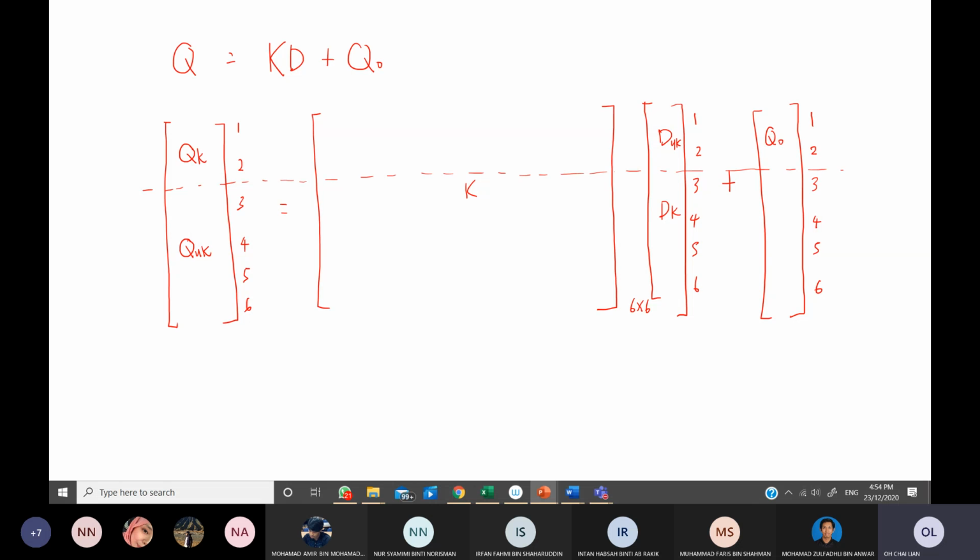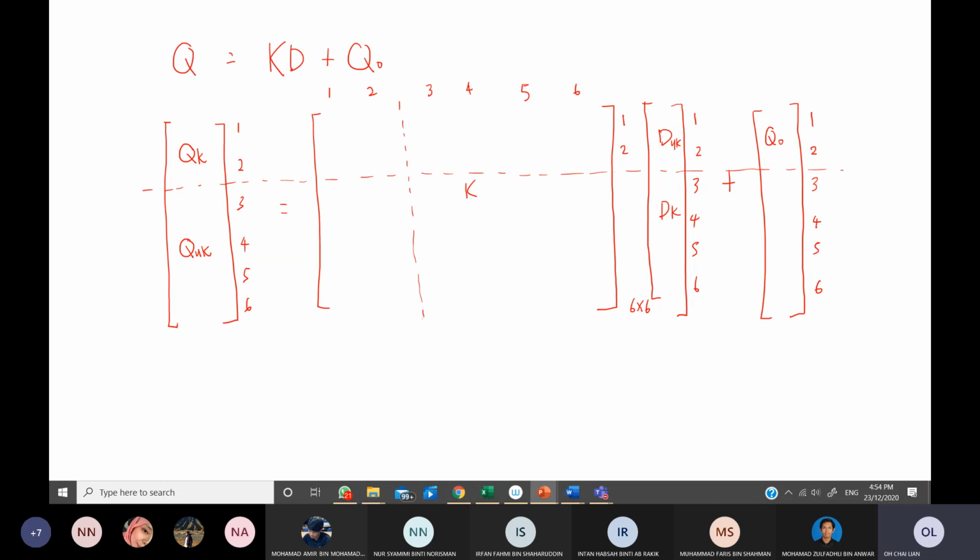Remember that the stiffness matrix must be a square matrix. Therefore, if you have already partitioned 1, 2 here, you have another partition, 1 and 2 here, 3, 4, 5, 6 will be here.